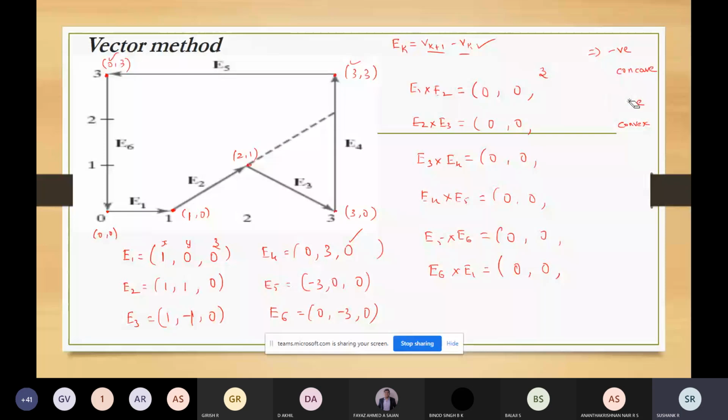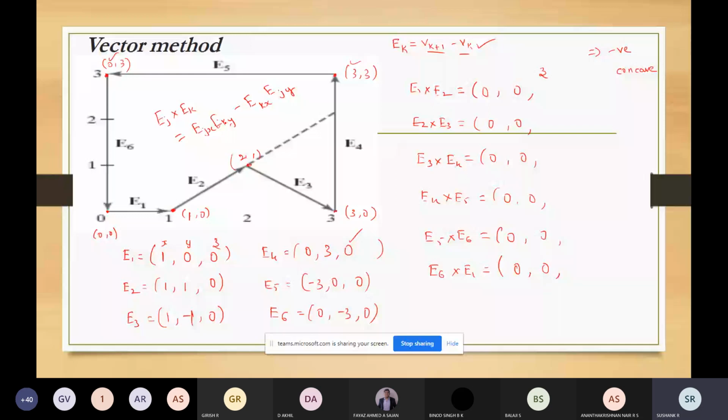The formula: E j into E k is equal to j component's x value times k component's y value, minus j component's y value times k component's x value. I'll write it a little clearer.